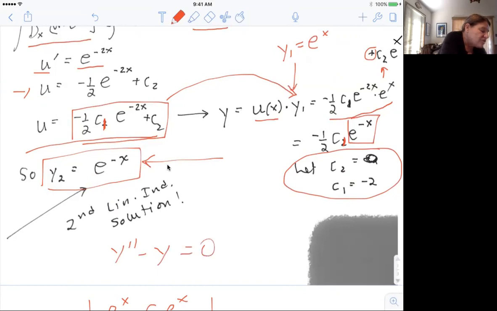So that thing is a solution to that DE. The only thing we really have to check to see if it forms a fundamental set is whether the two are linearly independent. Now we've got e to the x and e to the minus x.